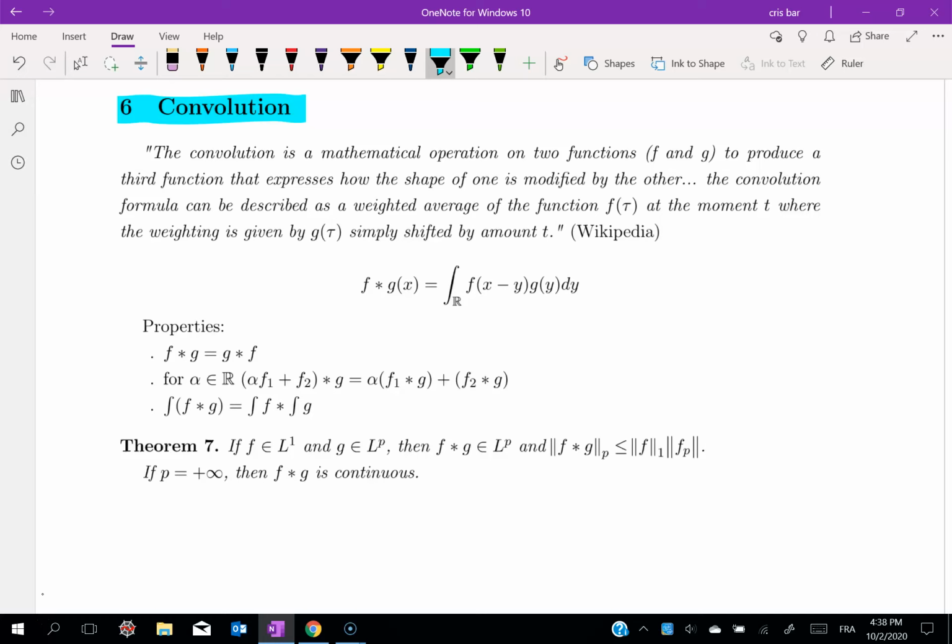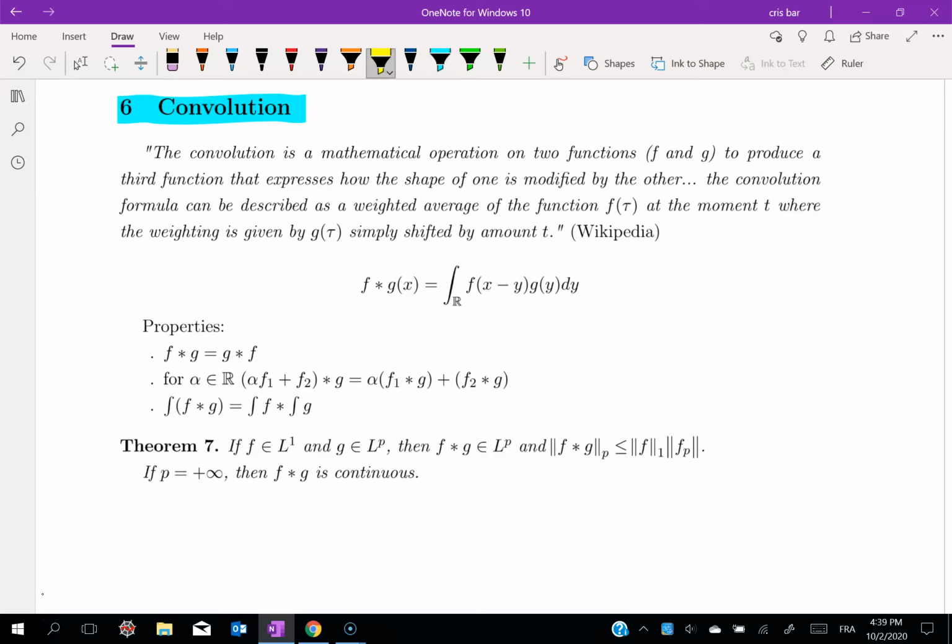Convolution is a mathematical tool, a mathematical operation that appears in many applications, and it appears to be quite fundamental in the end.